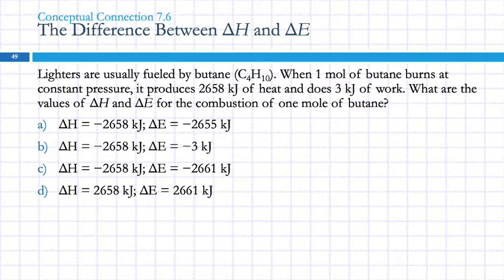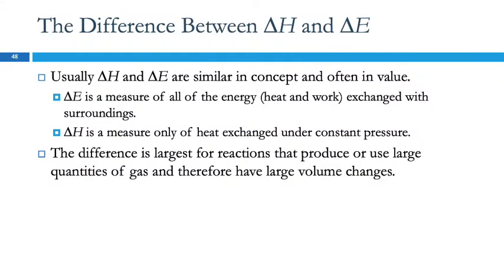What are the values of delta H and delta E for the combustion of 1 mole of butane? I would never ask you this question on an exam, but since we were just talking about it. Delta E is heat plus work. Delta H is only the heat.